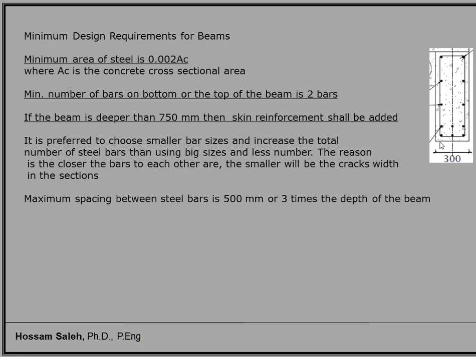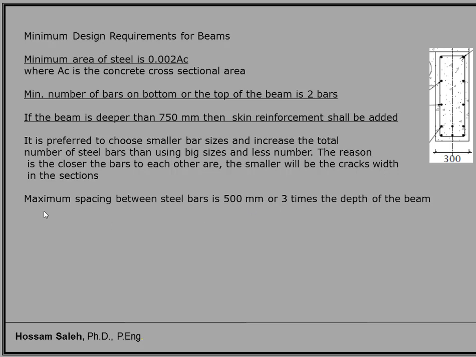Now we can choose maybe only 3 big bars, and these big bars will lead to creating cracks in the beam. So it is preferred to choose smaller bars and increase the number of bars rather than having fewer, bigger bars, because that will lead to bigger crack widths.